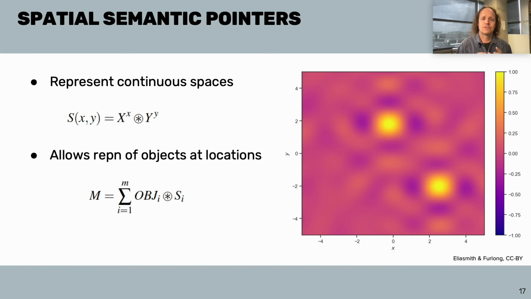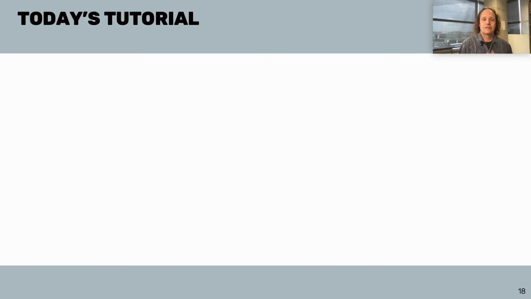Ultimately, we're going to want to be able to manipulate these kinds of representations in the same way that we might manipulate a rule. Now, of course, spatial cognition is one of the more sophisticated types of cognition that we see in humans, and so it's important to have these types of representations in order to capture that aspect of neuro-symbolic computing in brains as well. So that concludes the introductory lecture for today's tutorial.